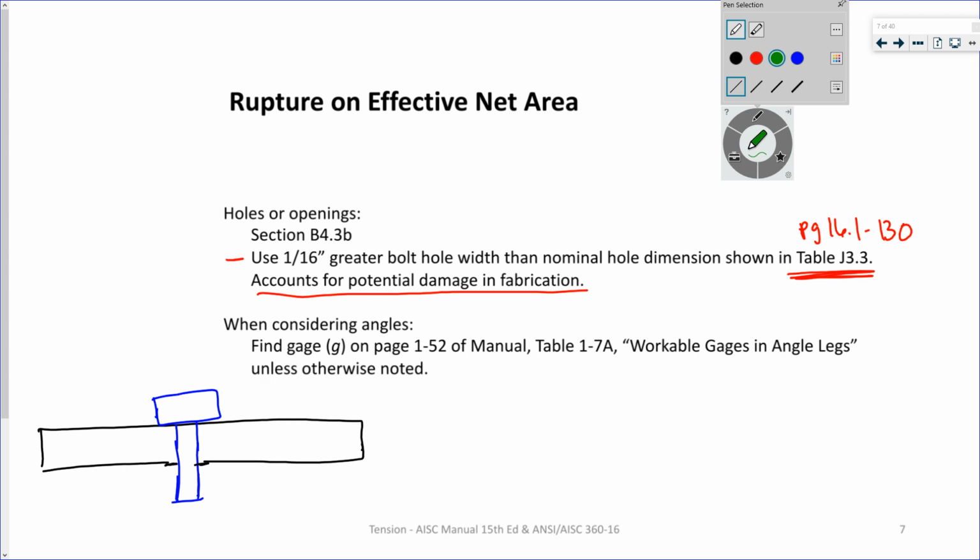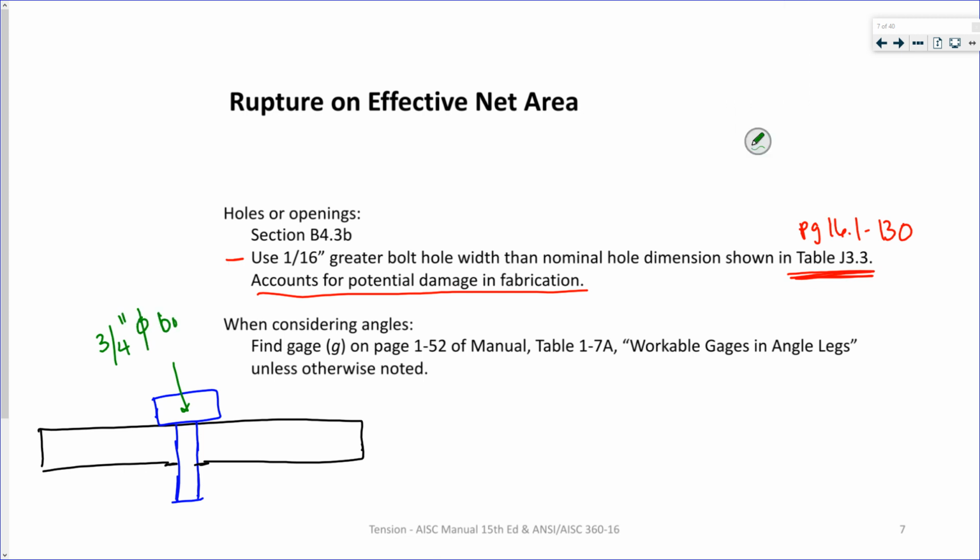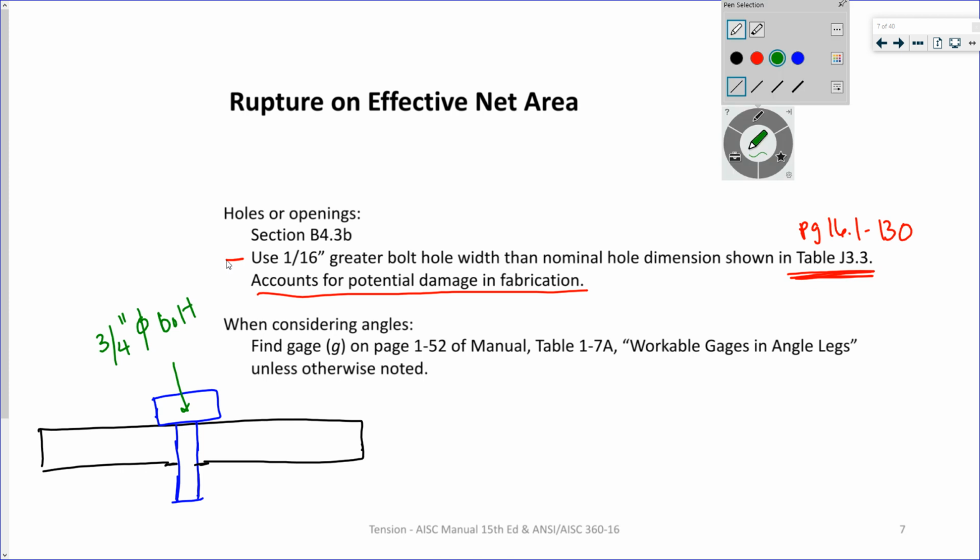I'm going to punch a hole for that bolt that is actually 13/16 in diameter.